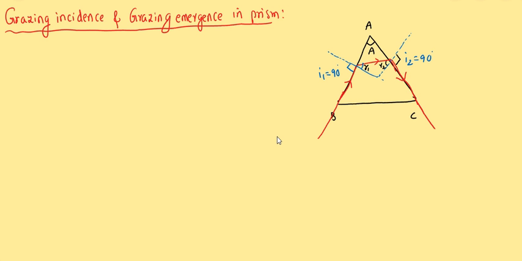That means we write the conditions here. The first condition is that the angle of incidence is 90 degrees because it is a grazing incidence, then the angle of refraction is equal to the critical angle. And the second point we write is the angle of emergence is also 90 degrees. Then we write R2 also C.